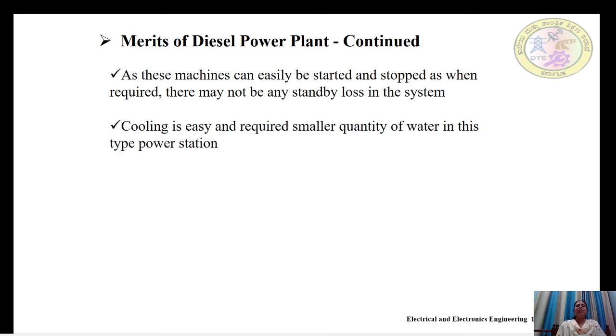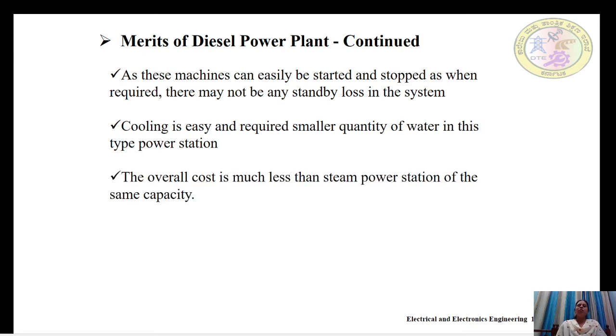Cooling is easy and requires a smaller quantity of water in this type of power station. So the water requirement in a diesel power plant is very less. While considering the installation of a diesel power plant, if some quantity of water is available, that's enough to start with.